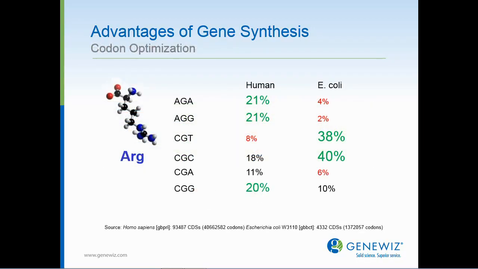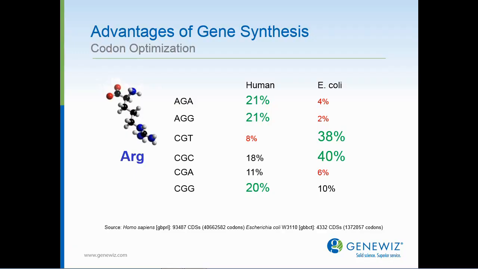Codon optimization is also a great advantage. Given that the codon usage tables are available for a number of different expression systems, and since the synthetic gene is created based on a nucleotide reference sequence, it is quite easy to shift the codon distribution of the synthetic gene to make it more suitable for expression in a particular system.